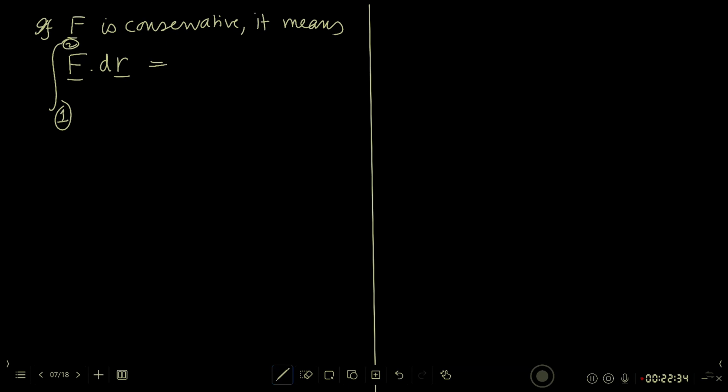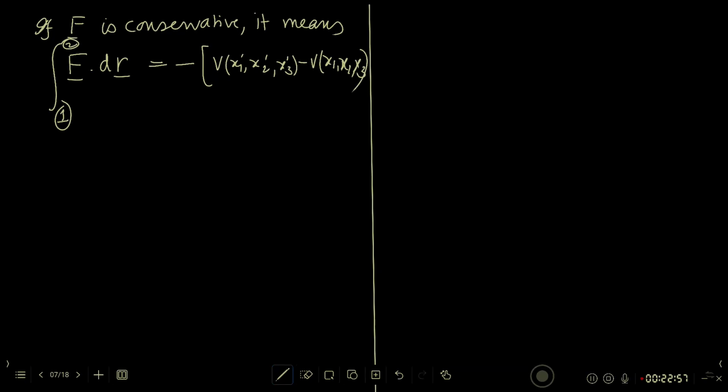It's going to depend on the difference of this potential function. Right?